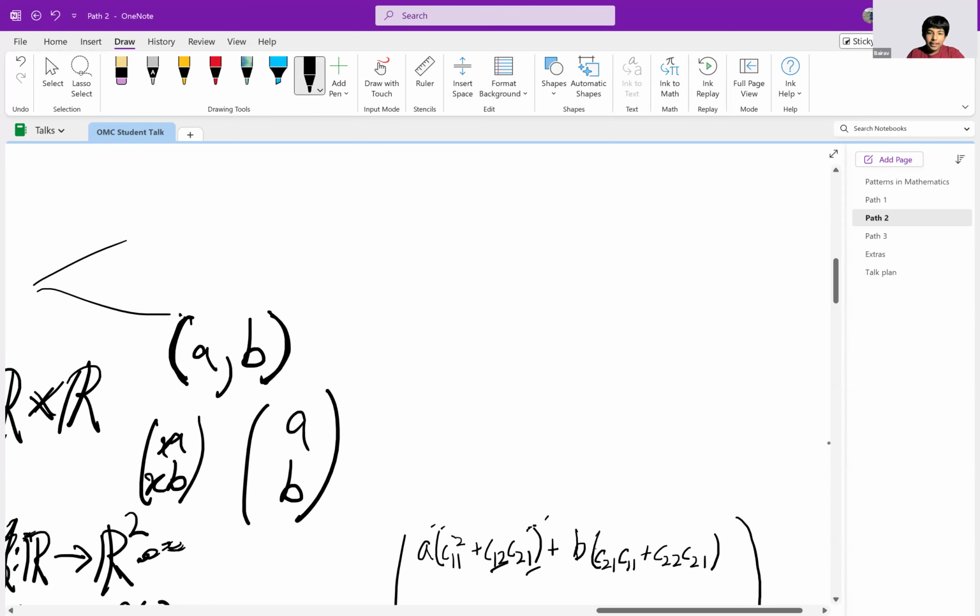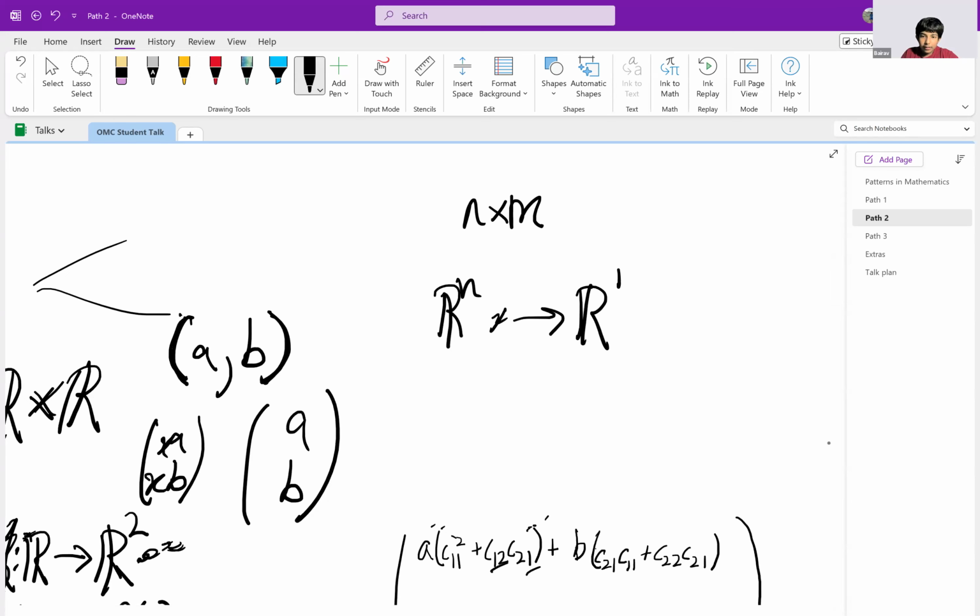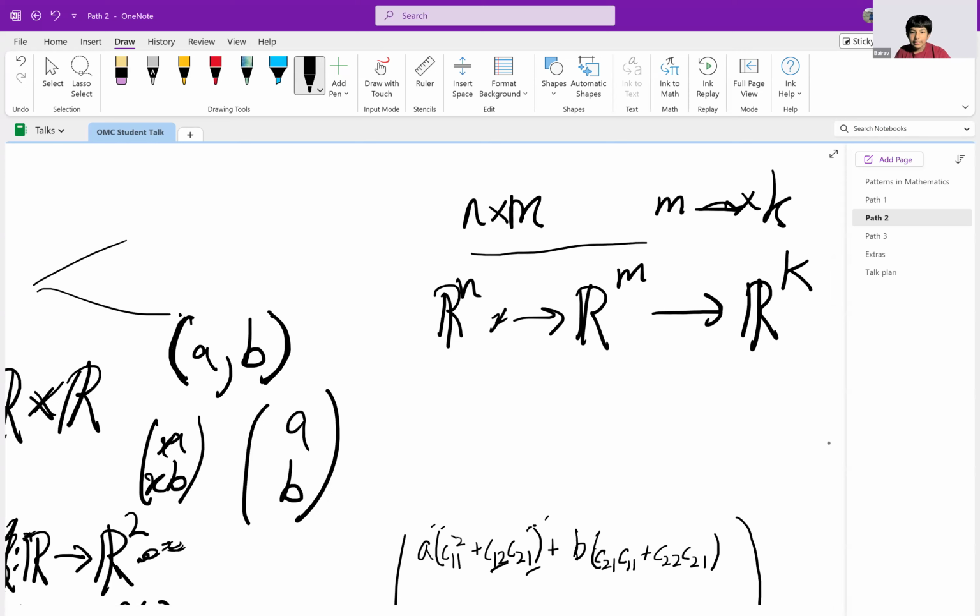Matrices, if we take an n cross n matrix, that is pretty much equivalent to a linear transformation from Rn to Rm. So let me take another one, an m cross k matrix, which then goes to Rk. So we can multiply matrices like this and we get a sensible result.